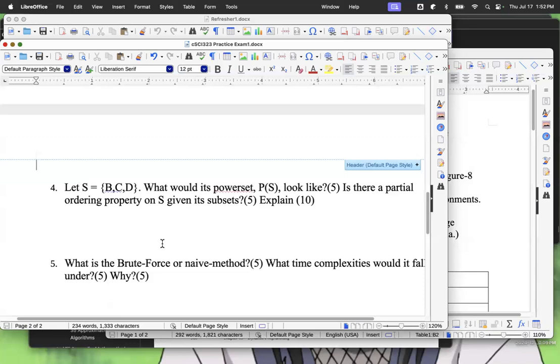Is there a partial ordering property on S given its subsets? Explain. So in this case, the answer would actually be yes, but the reason why is because remember what I said about the binary relationship that is a subset.